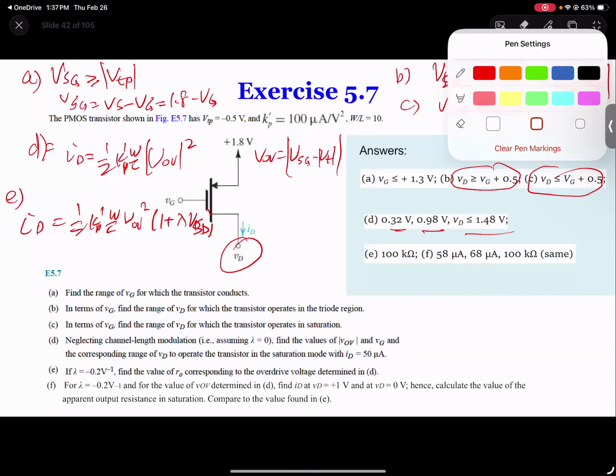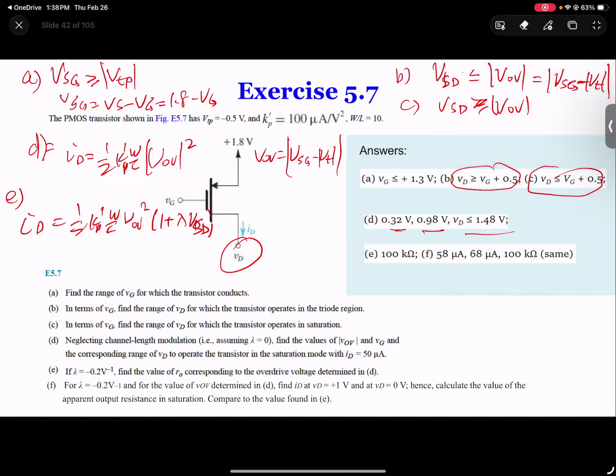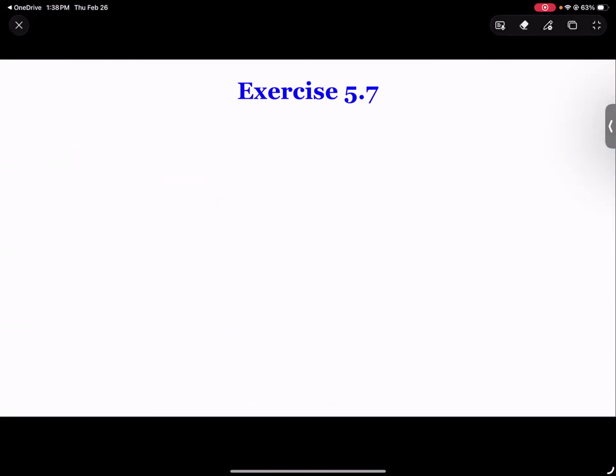You found in D that VD is 1 plus, which means VSD is 0.8. So you're basically given VSD, lambda, and all the other numbers, so it's easy to just plug in and find the number, right? And also you calculate what the current is. We would just plug in those numbers and we'll find the solutions.